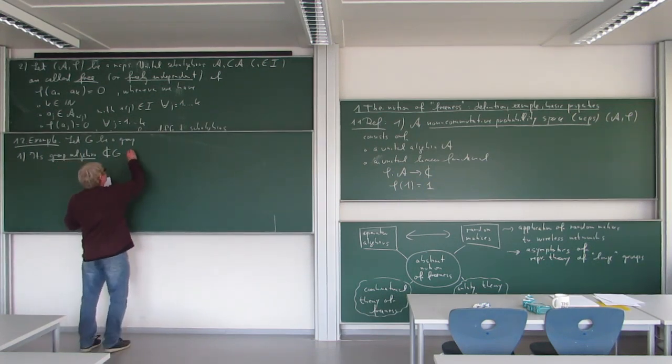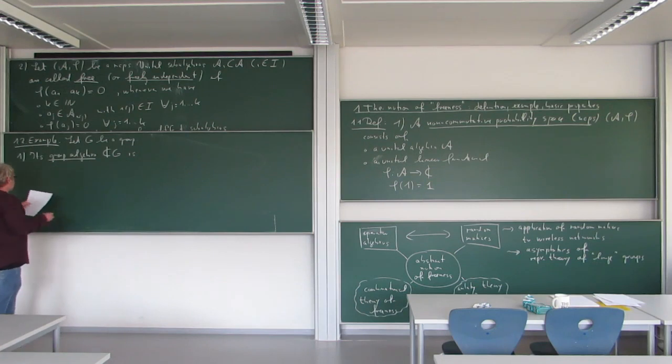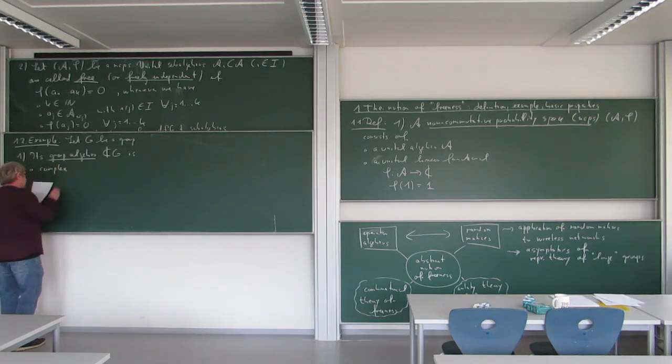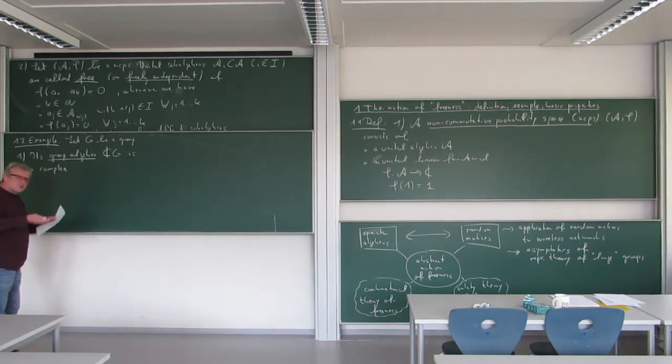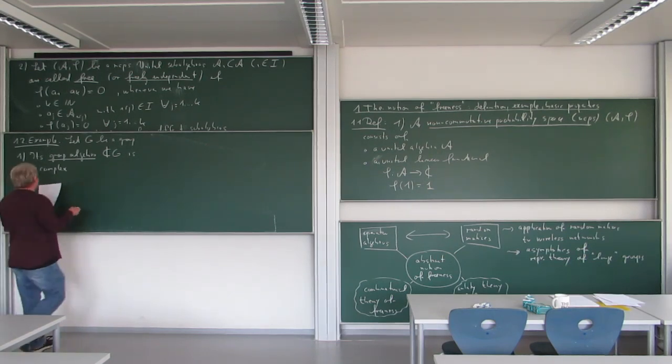Okay, so what is this? This is a group algebra. The linear structure is a complex vector space where the group elements are basis elements. This means elements in this vector space are finite linear combinations of group elements.